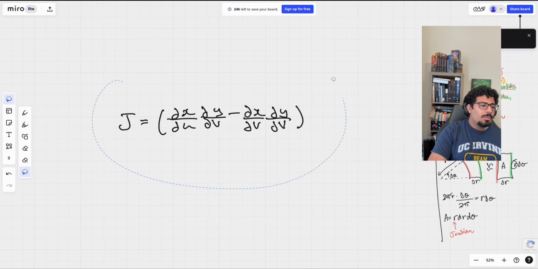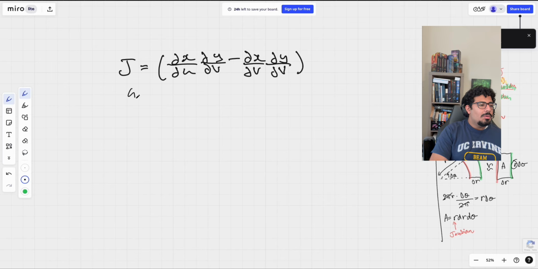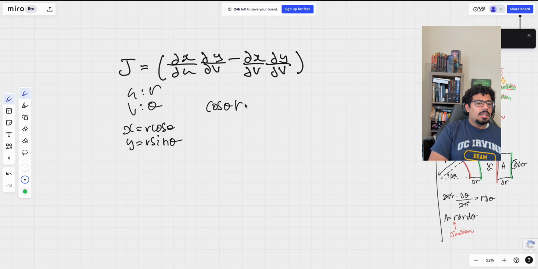And let's test it out with polar coordinates, where u is r and v is theta, and x equals r cosine theta and y equals r sine theta. We have partial x partial u is cosine theta, times partial y partial v, which is r cosine theta, minus partial x partial v, that's negative r sine theta, times partial y partial u, that's sine theta.